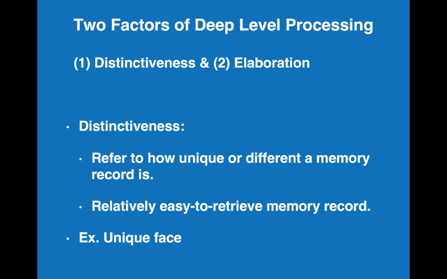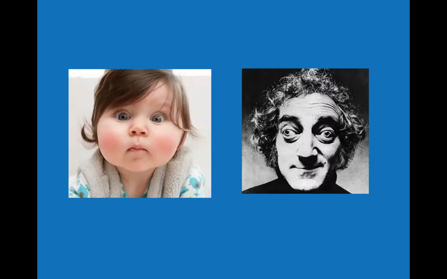For example, faces rated high in uniqueness relative to all the faces known to the subject were much better recognized than low-unique faces. This is an example of distinctiveness. Once you look at a face, the next time you see it, you can easily remember and retrieve it.